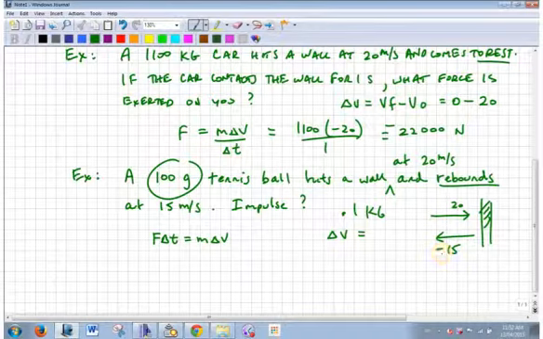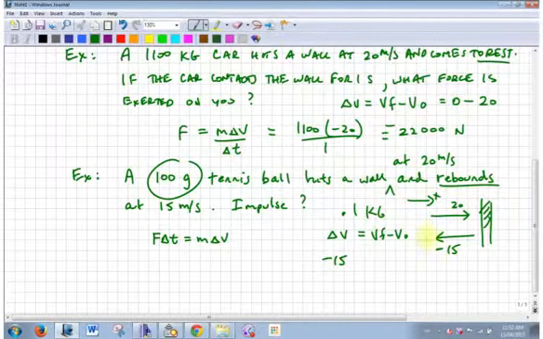Because when I take the change in v, it's not 5. What's the change in the speed here? Final minus initial. Final, if I'm taking that way as positive, that way is negative, minus 20, my change in the speed is negative 35 meters a second, okay?